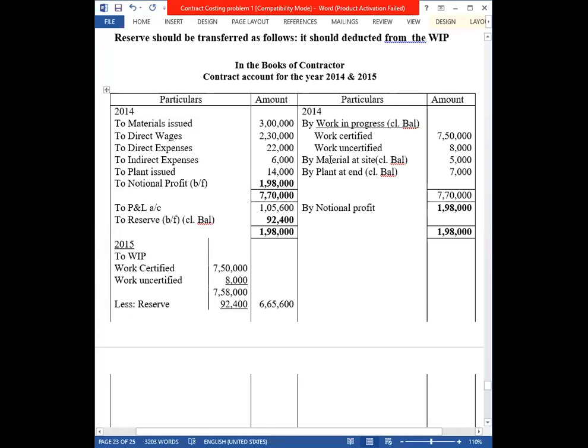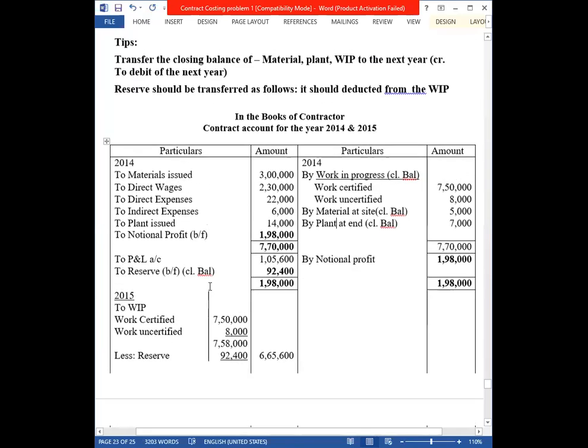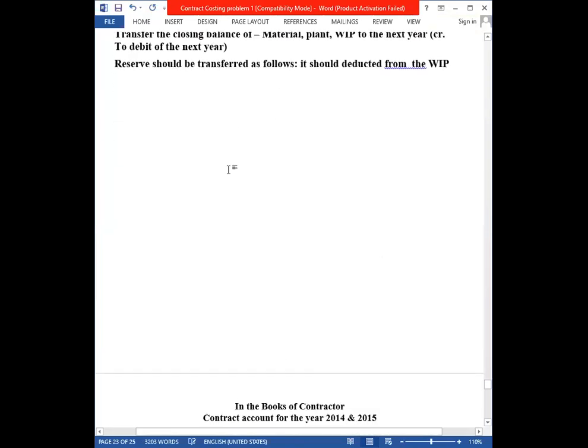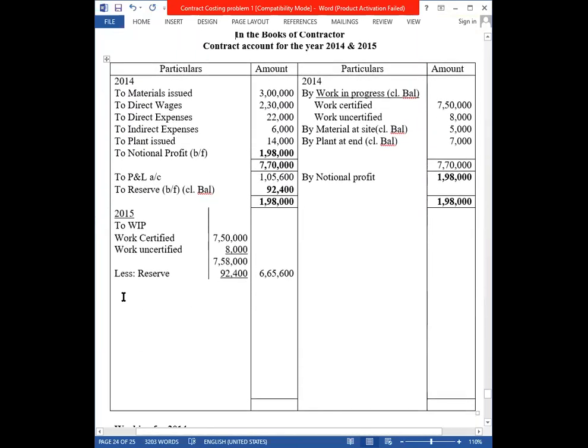Next, still you have the material, you have the plant, those things also you have to transfer to next year. So next, this side again I'm going to transfer. What is that? To plant. This is opening balance, or for your reference I'm writing transfer from 2014.